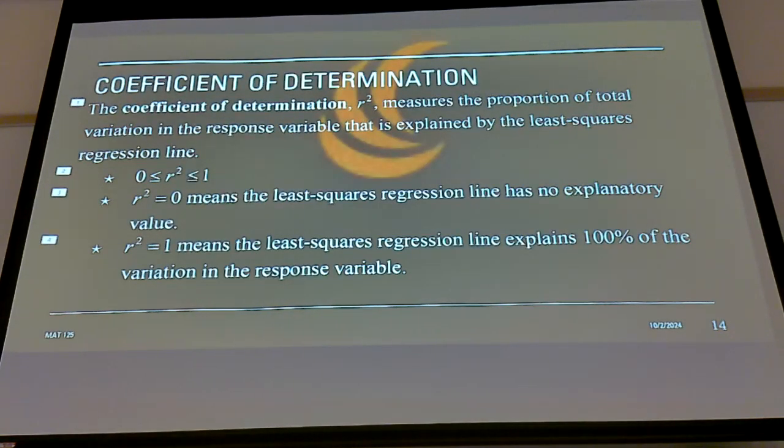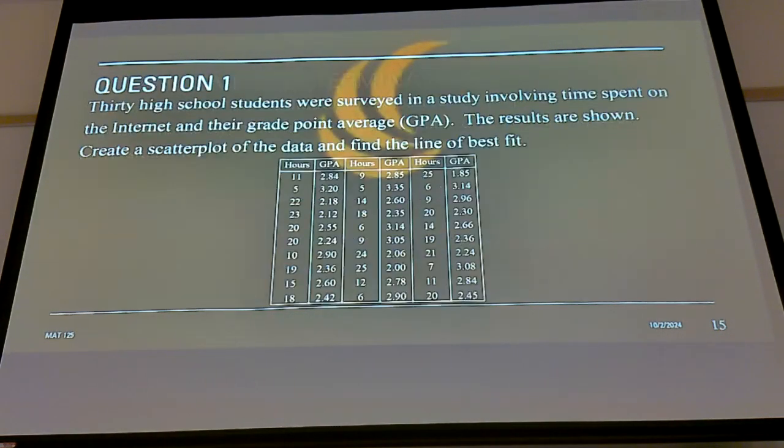Now that disposition's out of the way, we can actually get to do some data analysis. 30 high school students were surveyed in a study involving time spent on the internet and their grade point average. Results are shown.